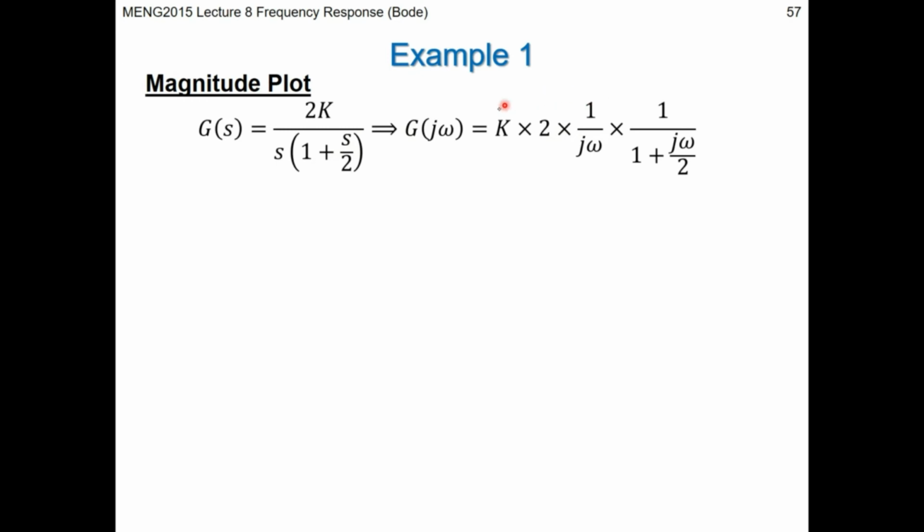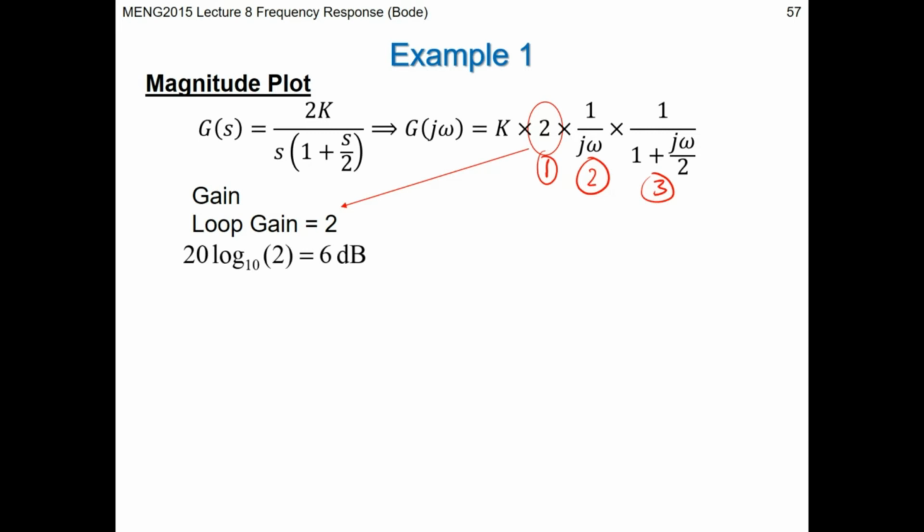Alright, so these are our factors. We could label them just to make it clear. We could label 1, ignoring the K for now, 2 and 3. The first factor, factor 1, is a pure scalar, a loop gain of 2.